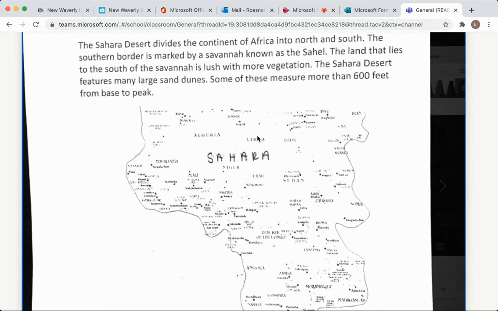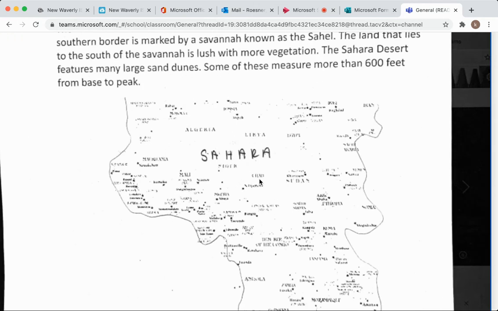And then you've got Algeria, Libya, Niger here, and the 4th country that touches it is going to be Chad, which is right here. You will need to know that for one of the questions.